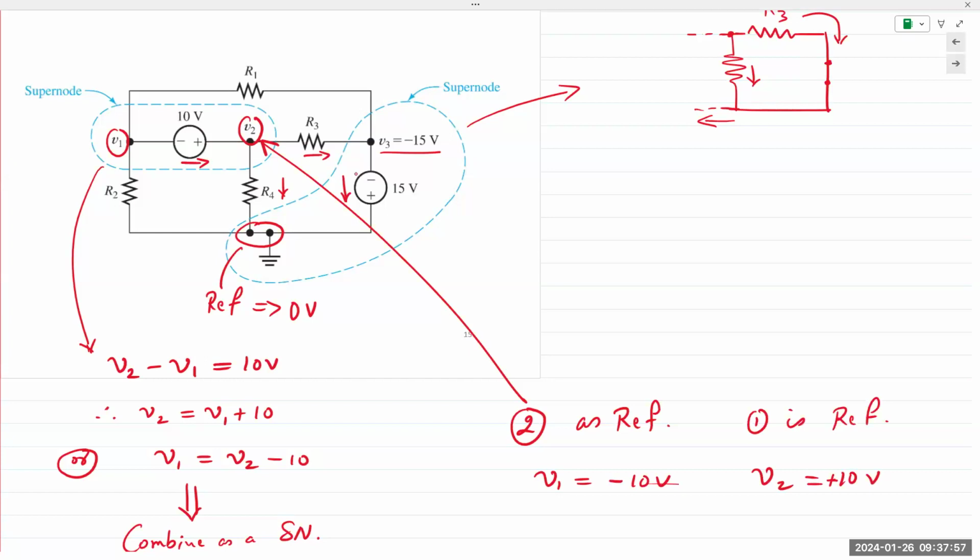In either case, there is nothing linking this 10 volt power supply and the 15 volt power supply. If they were linked together, then it would make sense to choose that node. No matter which node we choose, we would obtain a value for one end or the other end of that voltage source, and for the other one we would have to apply a supernode.